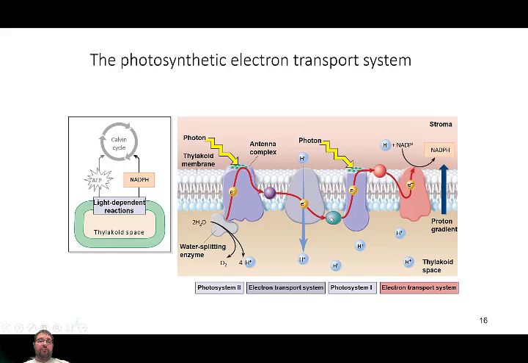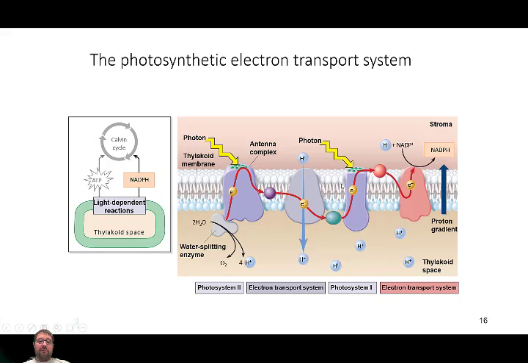That electron is then moved to another carrier, excited again in photosystem 1, and then moved to another protein. In this case, this protein is forming NADPH because the electron is being picked up by NADP and a proton is being added to it to form NADPH. Now, I told you the product of photosystem 2 is ATP.